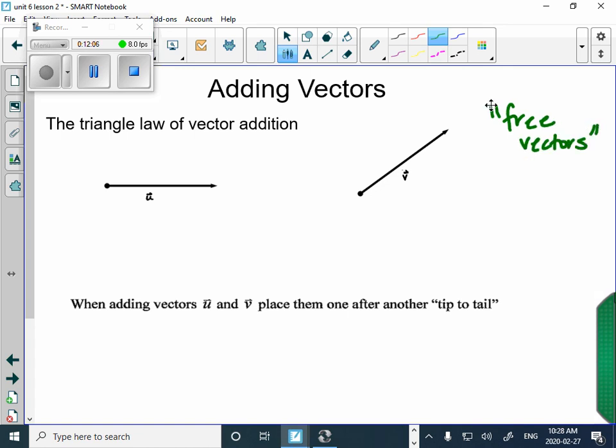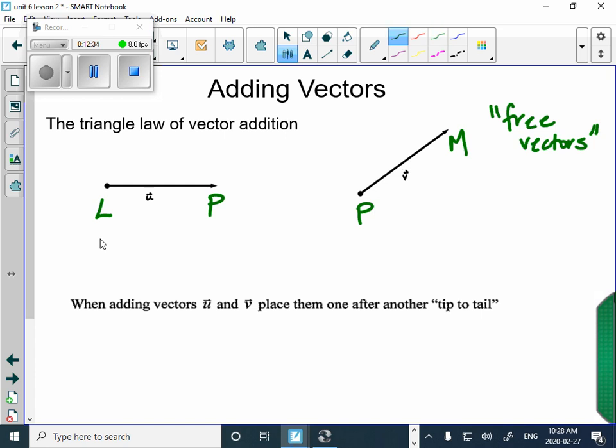So if I want to add them together, I can have vector u plus vector v. That would be like me traveling from Listowel to Palmerston, having lunch, and then going from Palmerston to Mount Forest. My overall journey really is I went from Listowel to Mount Forest.